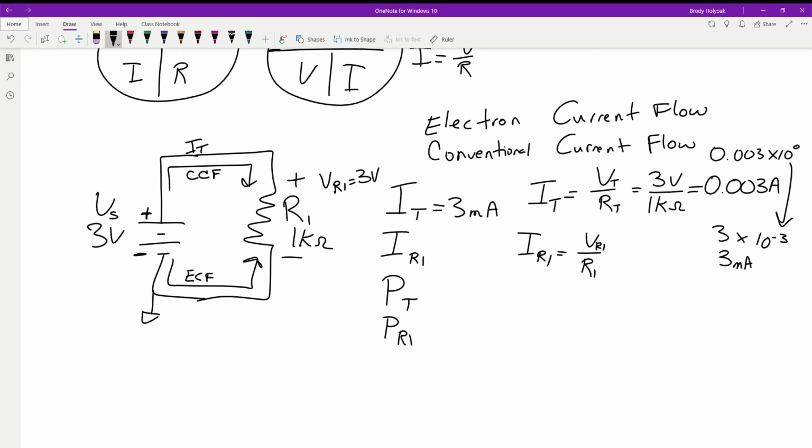So what's our voltage drop across R1? 3 volts. And why? It's the only thing in the circuit. Like I said, these ones are going to be very easy and very basic. How much resistance do we have? 1 kilo ohm. So that gives us how much current? 3 milliamps.